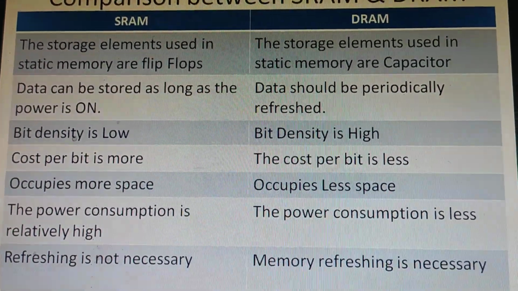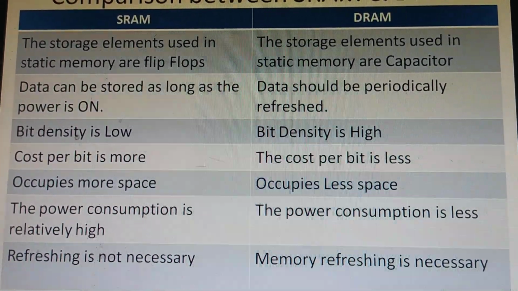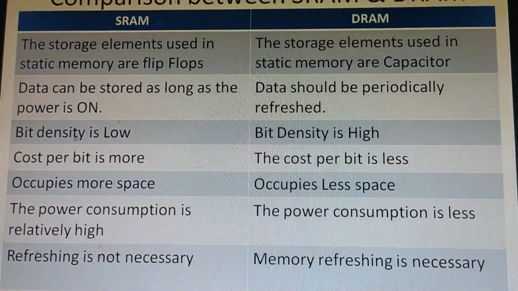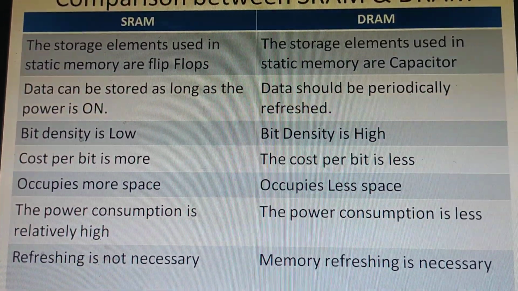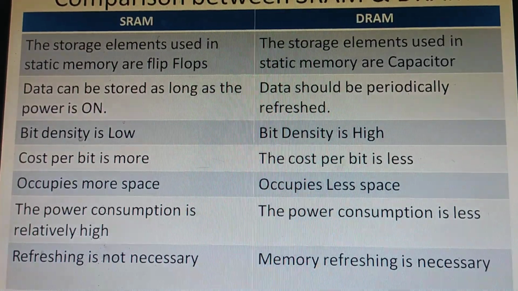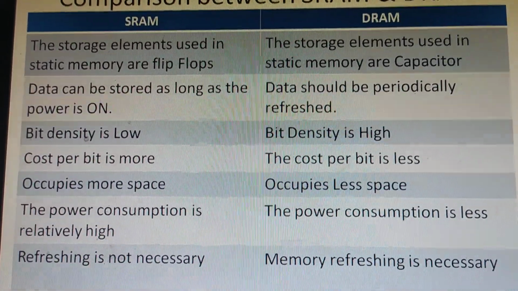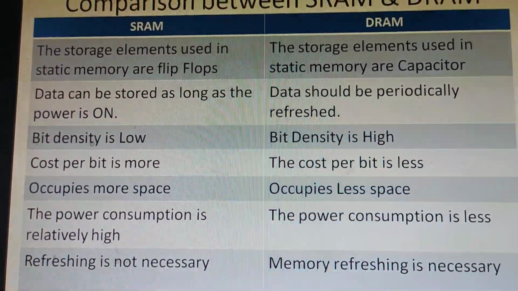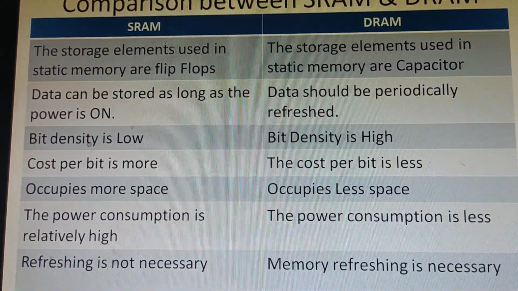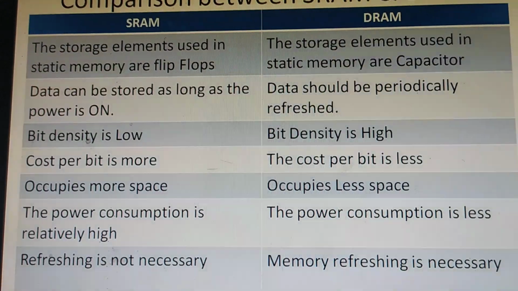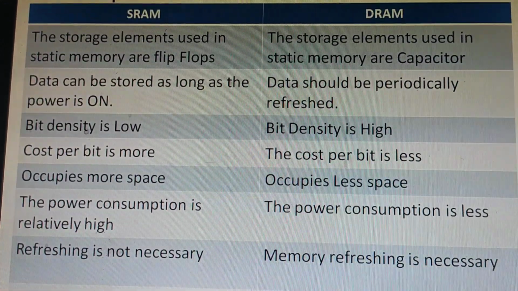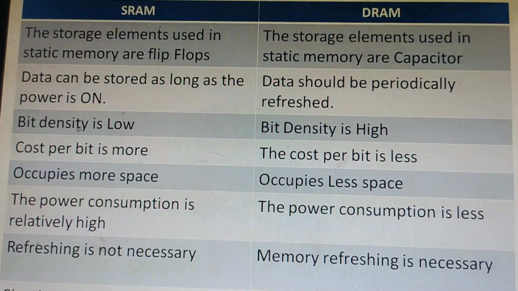But in DRAM, the power supply should be there, and also the data should be periodically refreshed, rewritten again and again, many times per second. That is the second difference.